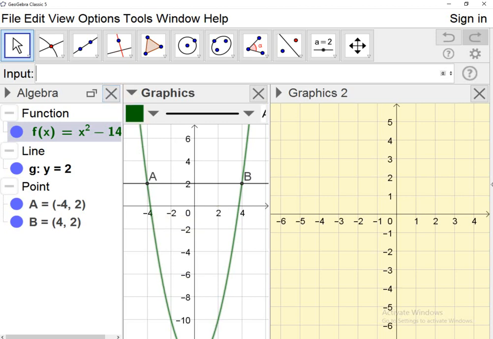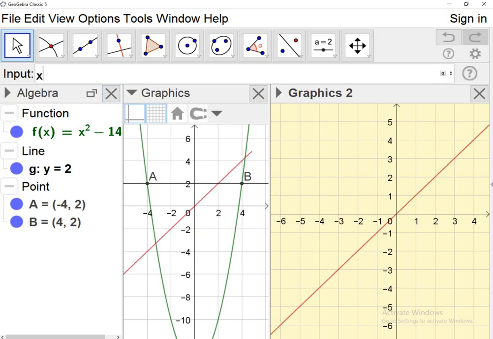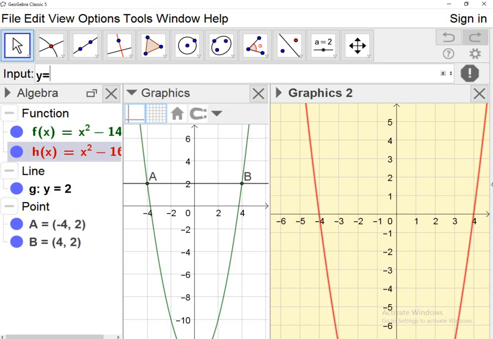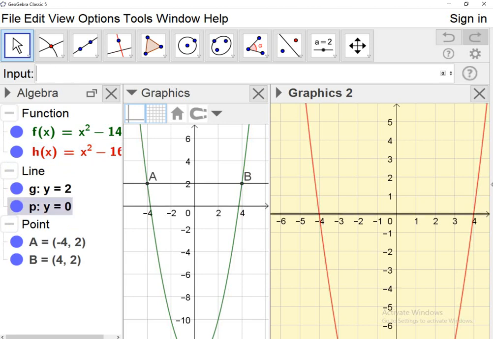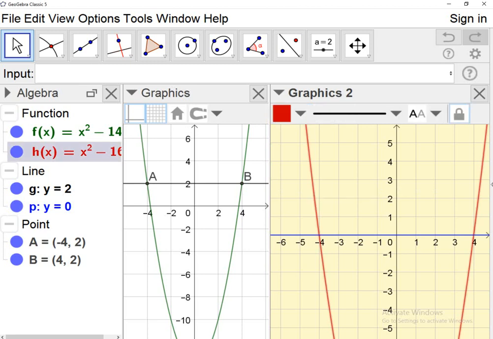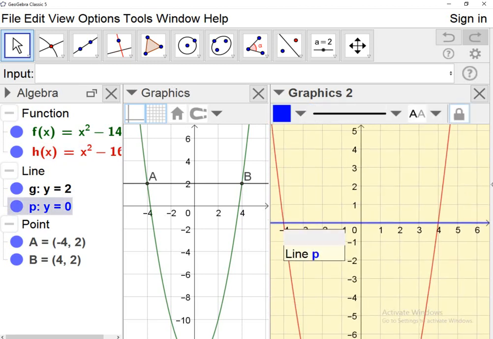So we keep those things balanced. Now let's look at x squared minus 16, and where does that cross y equals 0? Now we're asking where the red curve and the blue line cross. What is the x value for those? Is it still negative 4 and positive 4? That make sense?